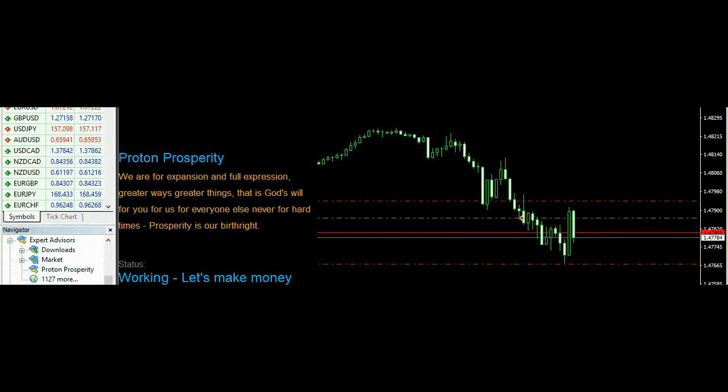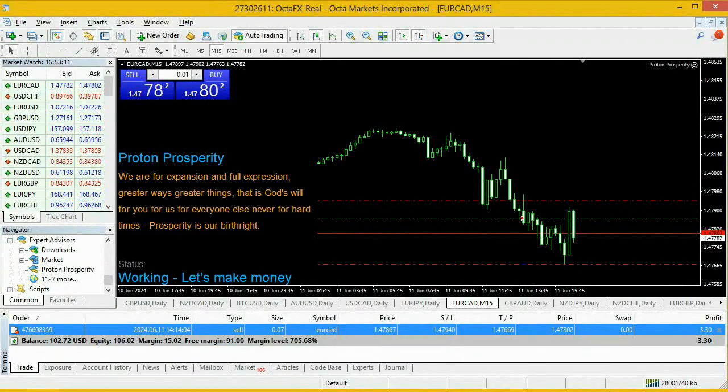Price then moves back downwards towards our take profit.